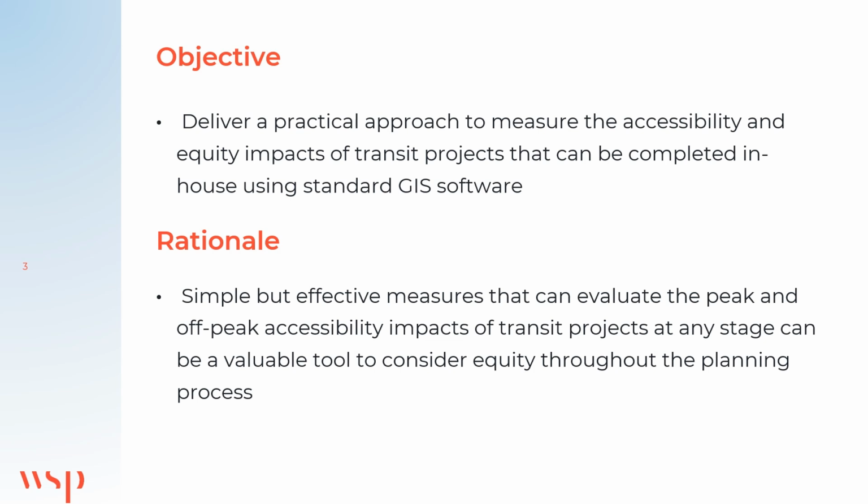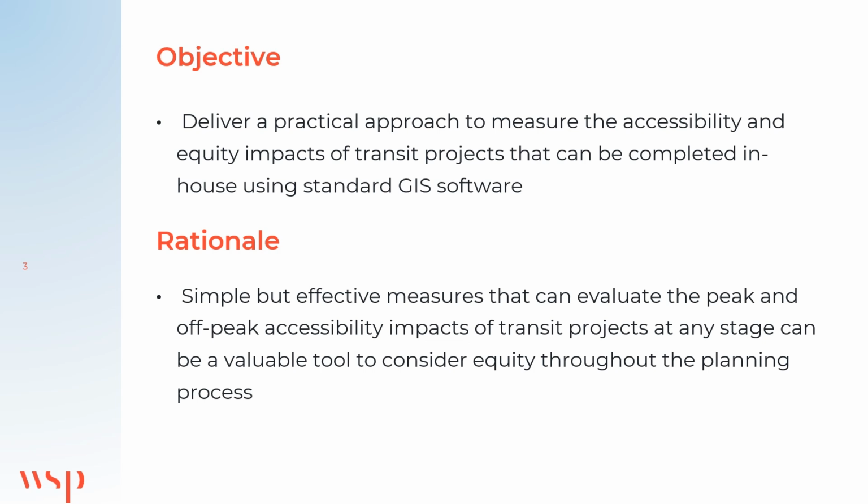And really the key to this is to develop a fast, nimble, easy to understand approach that allows us to visualize and understand the impacts to equity of transit, specifically in relation to the access that a transit system or a series of transit systems provide.